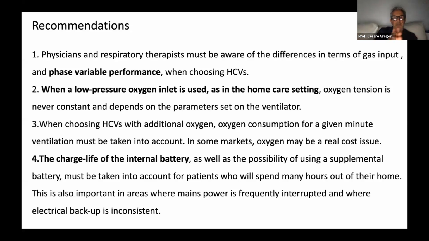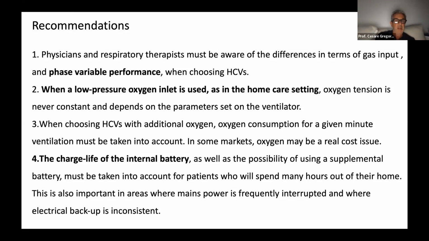As I told you before, if you have a completely passive patient ventilated at 500 milliliters with a respiratory rate of 12, the oxygen tension remains always the same. But when the patient changes his or her drive, and the minute ventilation changes, oxygen may change as well.